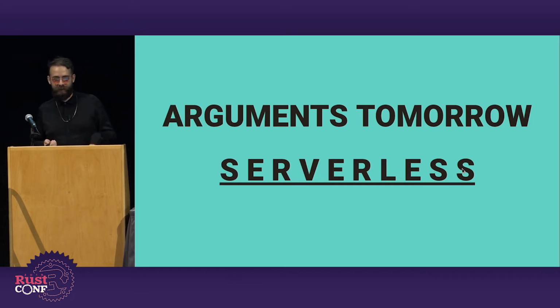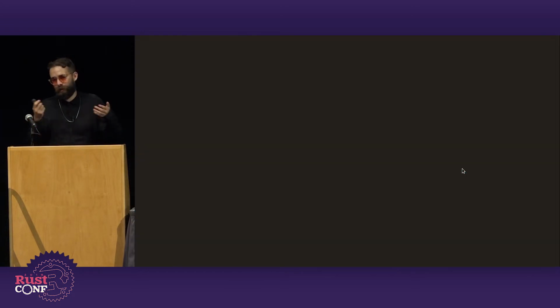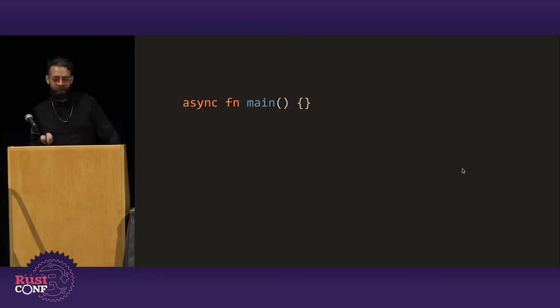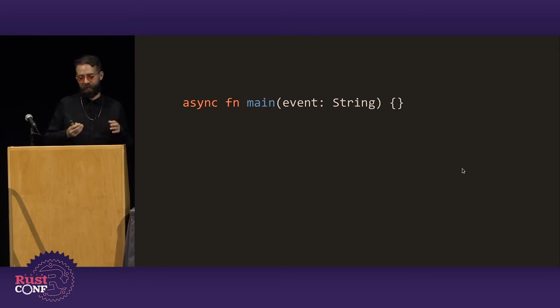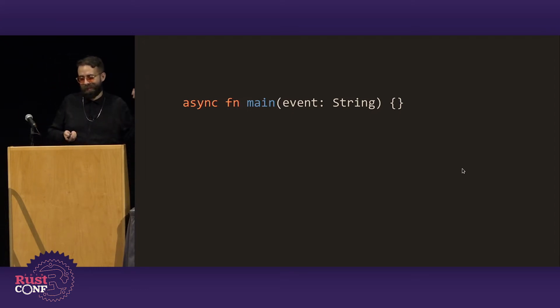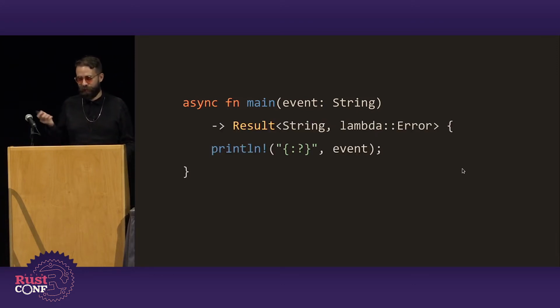is for serverless. We were talking about, hey, serverless, how would this work? So the idea is you have function main, it's async, we get an incoming event. So this app is triggered, started whenever there's an event incoming. In this case, it's type string. And we say, cool, we're going to print it out and return it. It's a little fallible signature there.